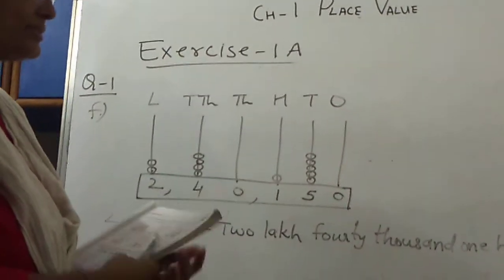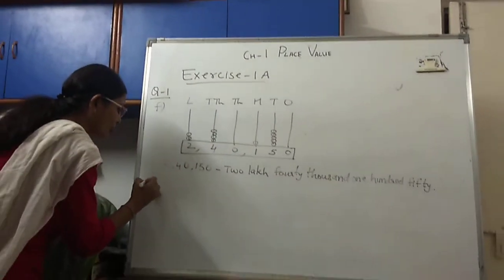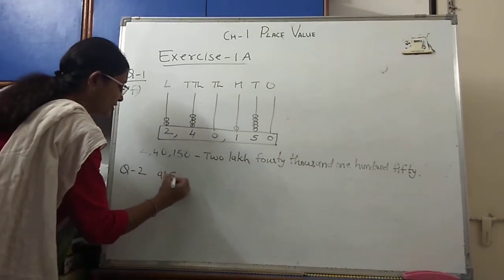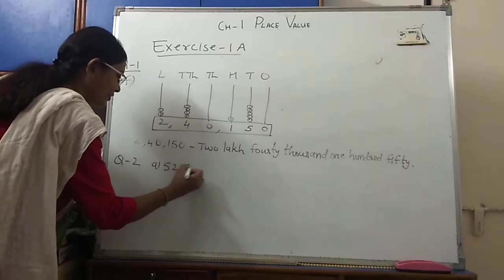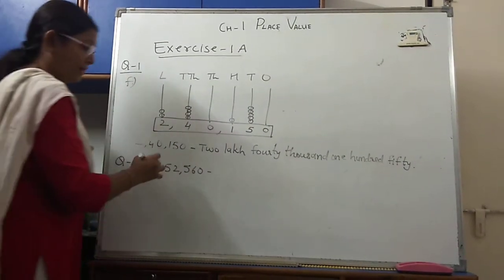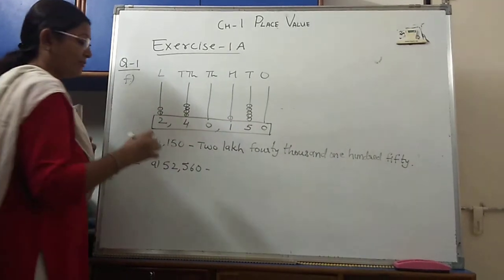Right? Now we have read this. What you have to do is write the number which is given in your notebook, this way: 52,560. This is in number, in figures. Now we will write in words.